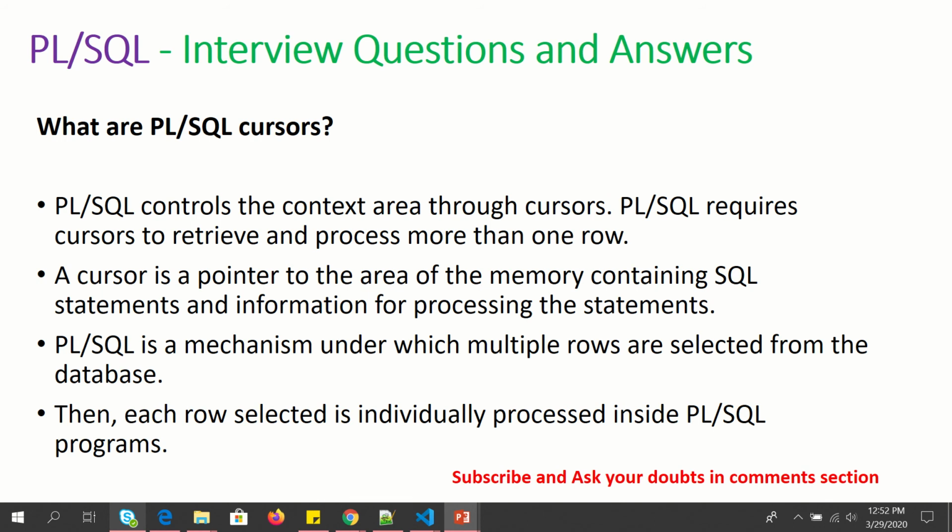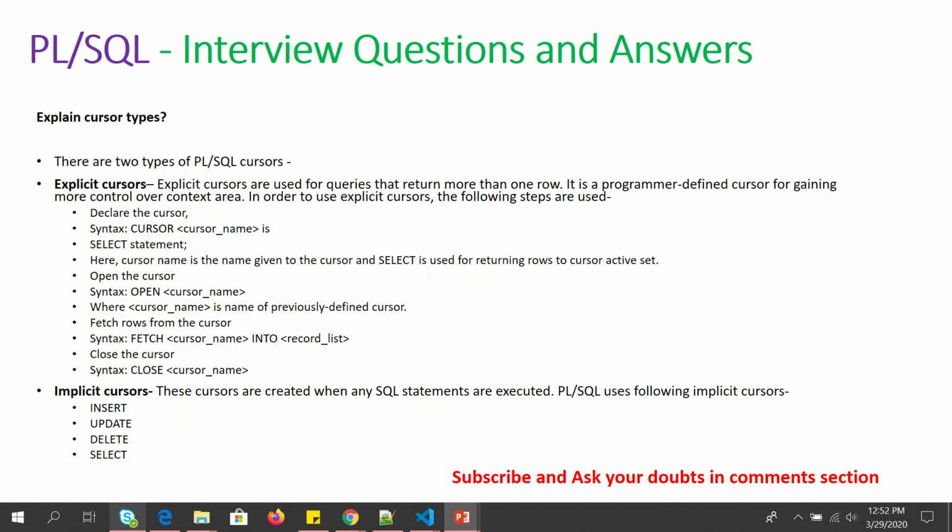PL SQL controls the context area through cursors. PL SQL requires cursors to retrieve and process more than one row. A cursor is a pointer to the area of the memory containing PL SQL statements. It is a mechanism under which multiple rows are selected from the database. Then each row selected is individually processed inside PL SQL programs.